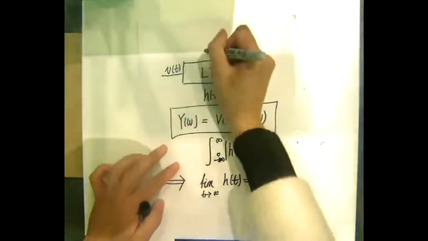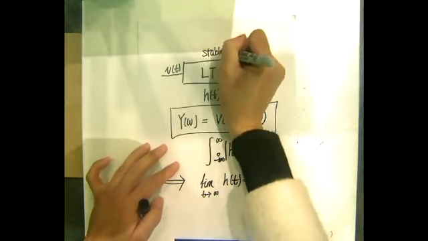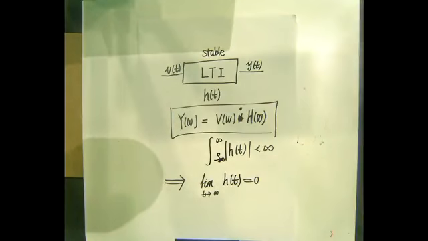It's for a stable, linear time invariant system. Okay, you have to know why we can't use generalized Fourier transform for the impulse response. Why? Because we can handle signals, but generalized Fourier transform cannot directly apply to a system.